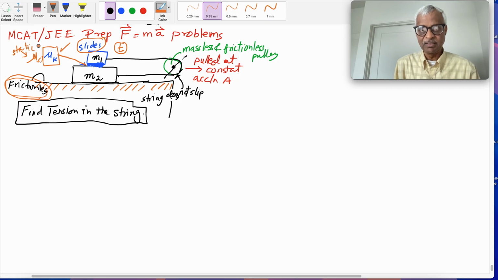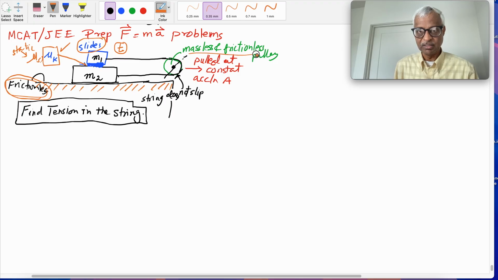If it was not sliding, we'd use the static one, but sliding, so it's going to be kinetic friction.